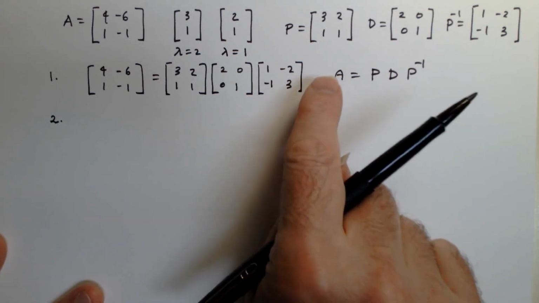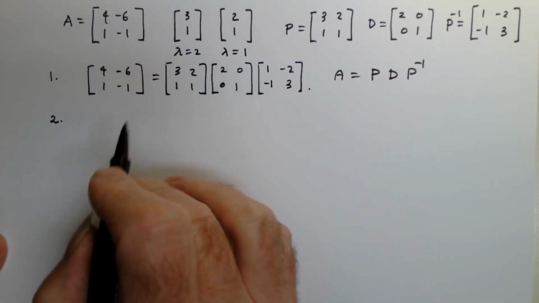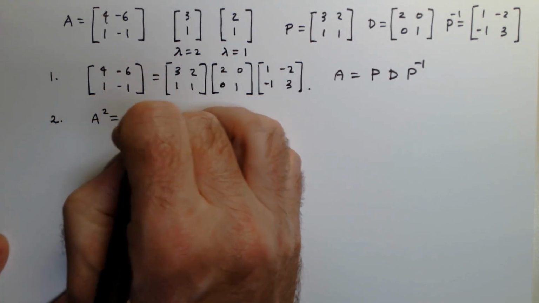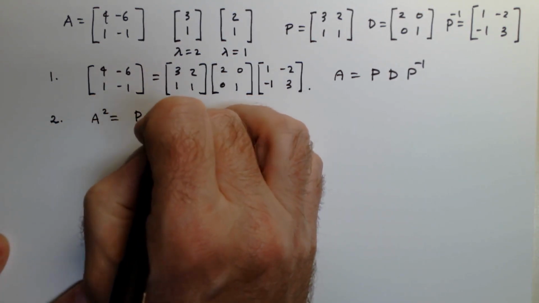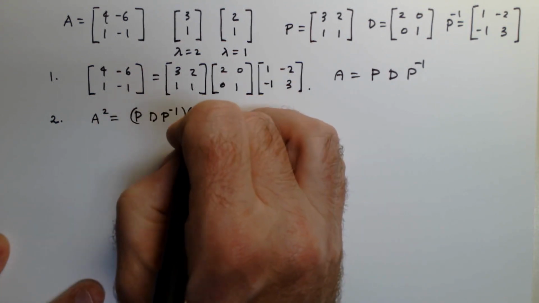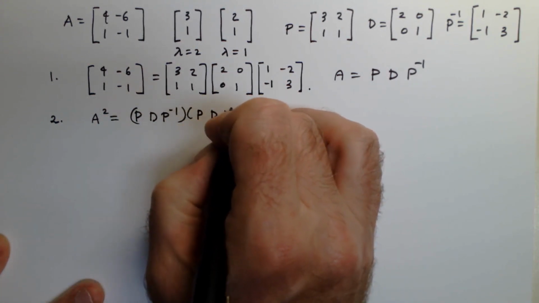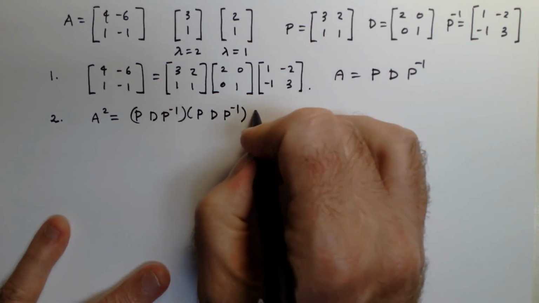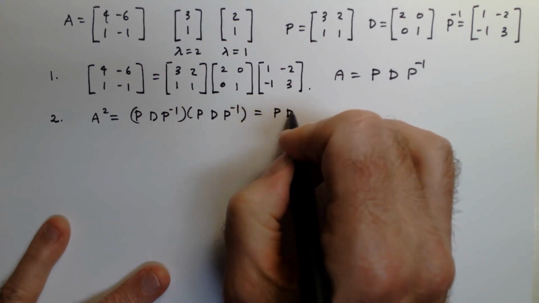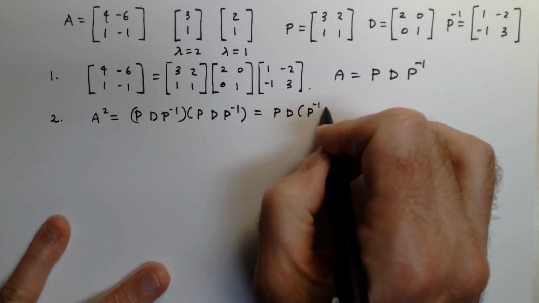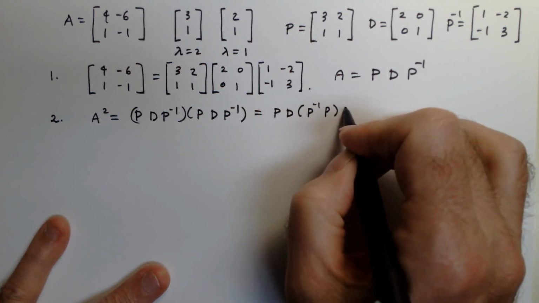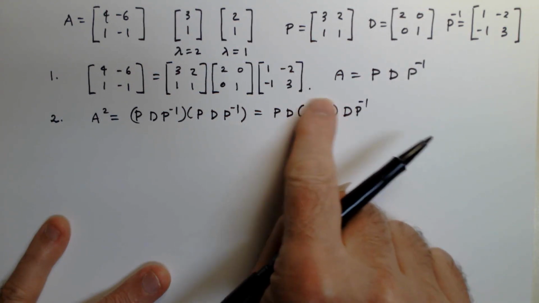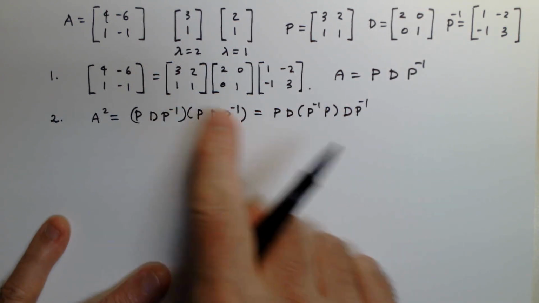So, for example, if I wanted to compute A squared, we could think of that as P times D times P inverse times P times D times P inverse. Now, by reassociation, I could imagine multiplying these two inner matrices first.